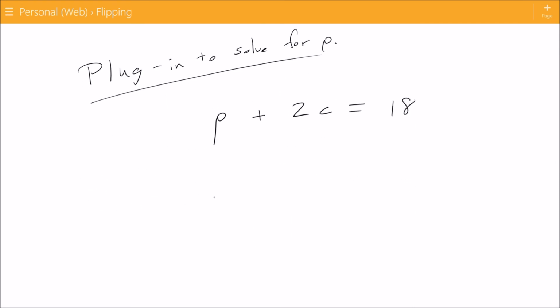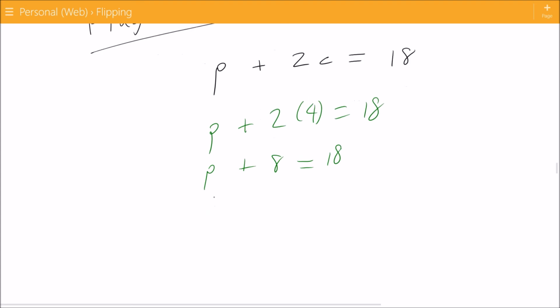Now we're going to plug in to solve for the price of popcorn. I know that c is equal to 4. So p plus, if we know that c is equal to 4, 2 times 4 will give me 18. Simplify. p plus 8 equals 18.